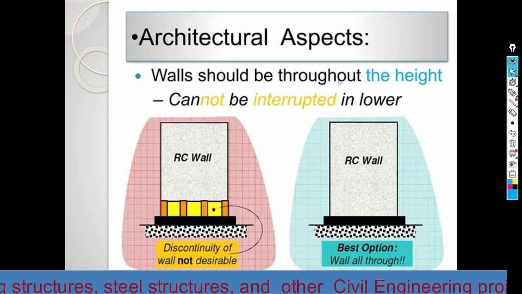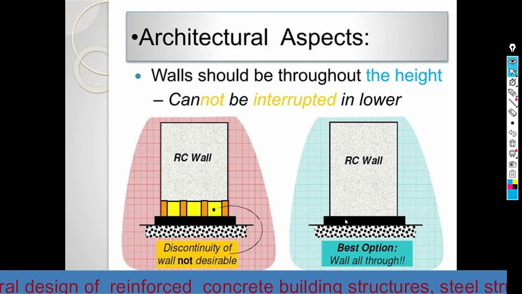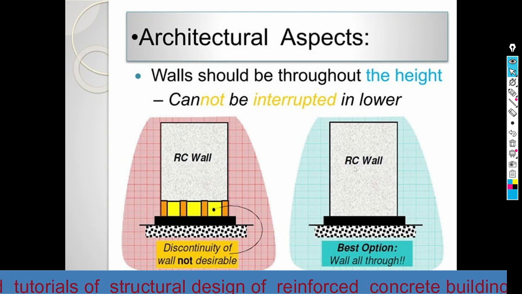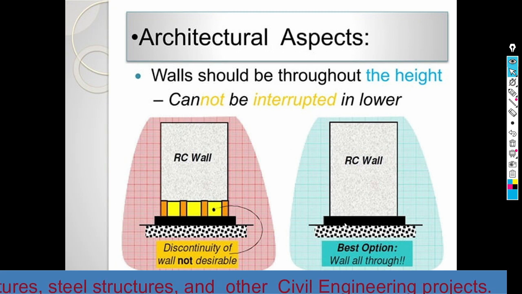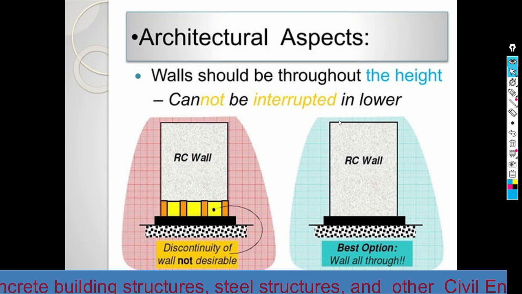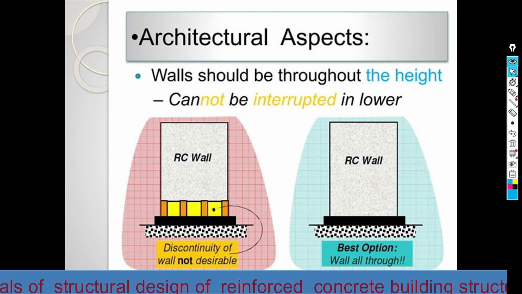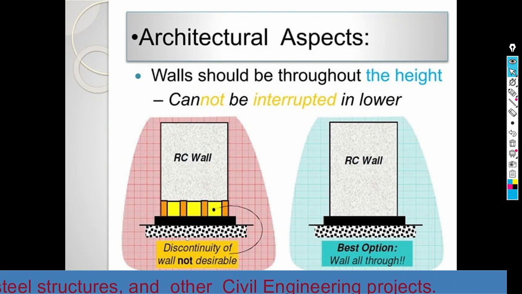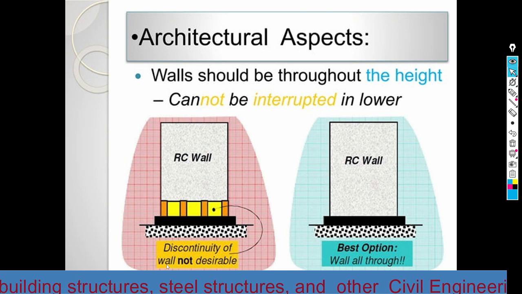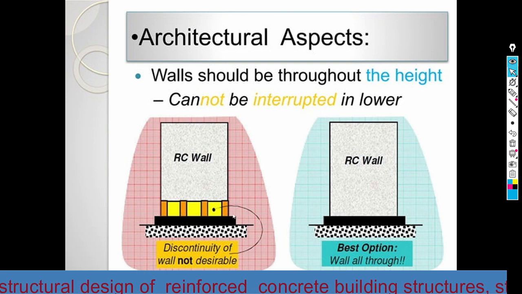Walls should be throughout the height. That means here the wall which starts at the base of the foundation ends at the roof level. So we should not interrupt the continuity of the shear wall. For example, if we see this one, there is a discontinuity of wall, and it is not advisable to provide such kind of arrangement.